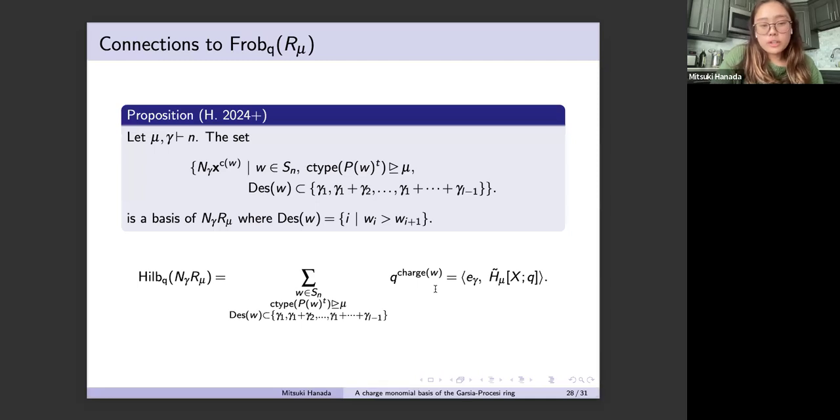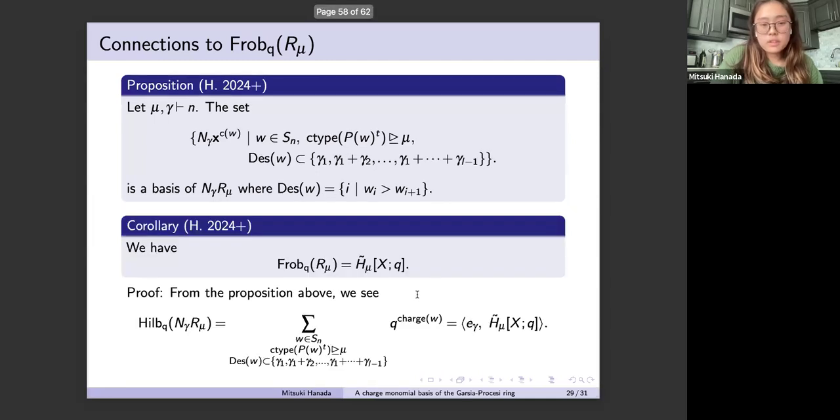So a direct corollary of this proposition is that the Frobenius character of R mu is indeed the modified Hall-Littlewood polynomial. It follows from this equality here. So something that's rare in math has happened: we have some things that we would like to be true just from reverse engineering, and then if we consider the first set of monomials from that expression, they work.